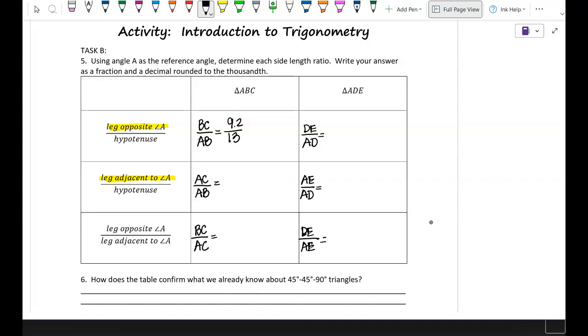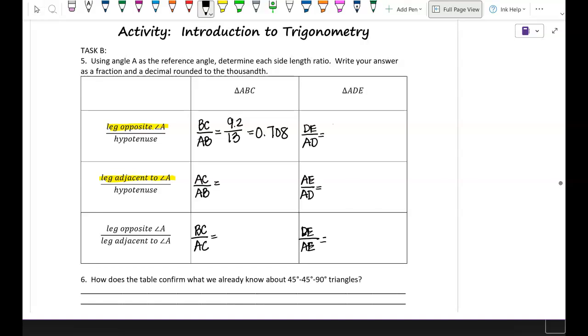If I take 9.2 and divide it by 13, I get about 0.708. If I take DE over AD, now again, this is your measurement, so this second column is whatever your measurements are.